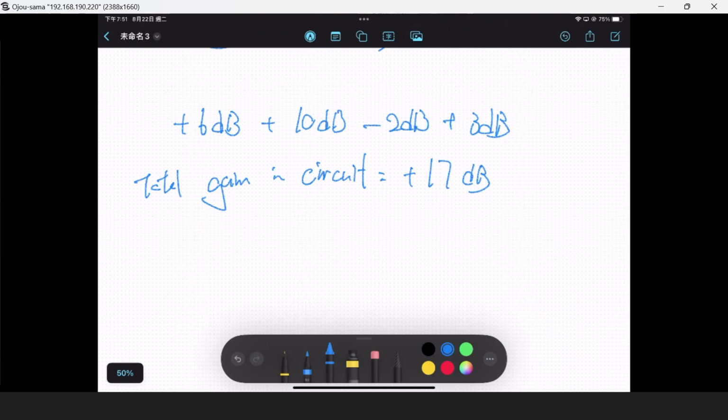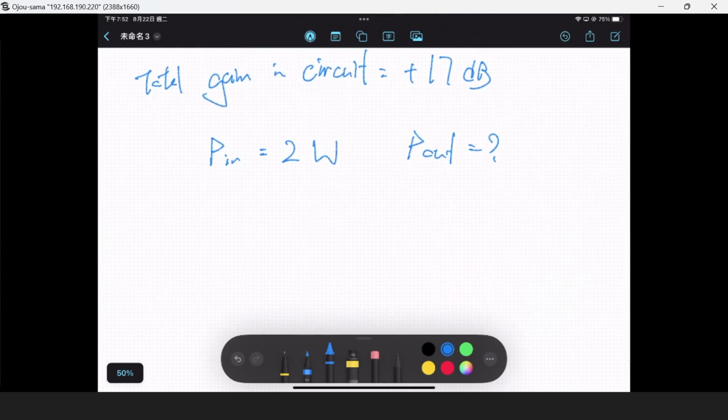The original input is 2 watts. P in is 2 watts. What is the P out? dB watts equals 10 log base 10 of P out over P in.